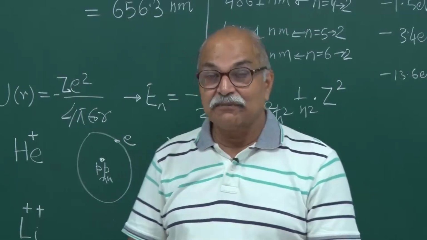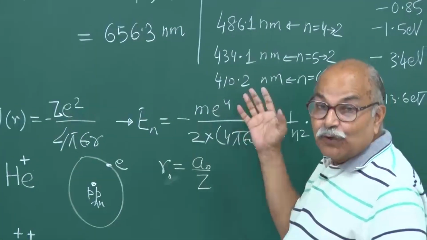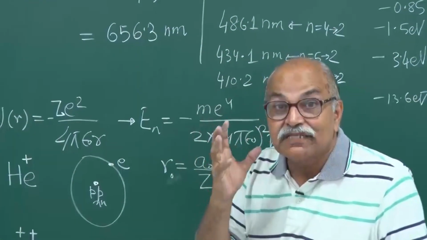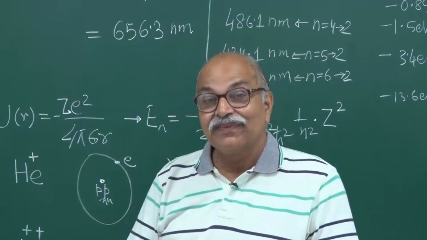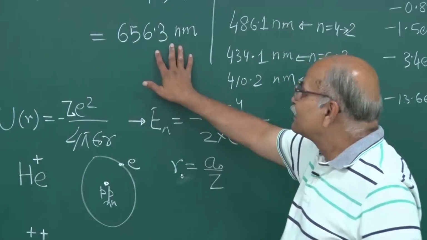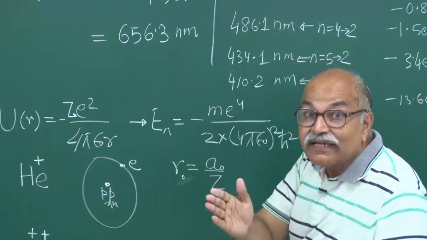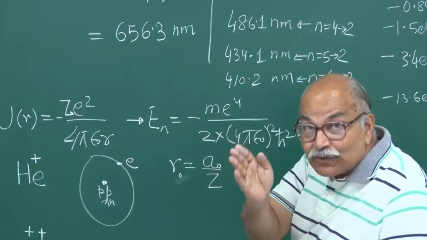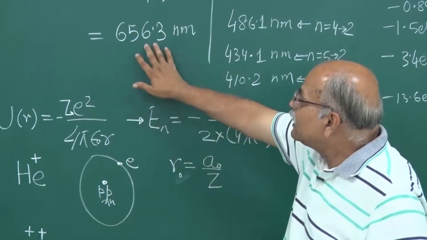If you go with a much more sensitive instrument, which we can do now, we find that there are deviations. This line, 656.3 nanometer, is not one line.